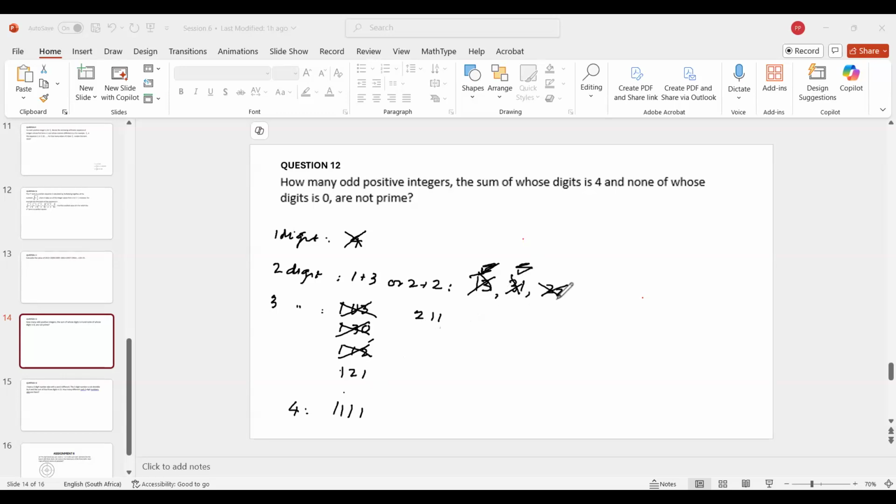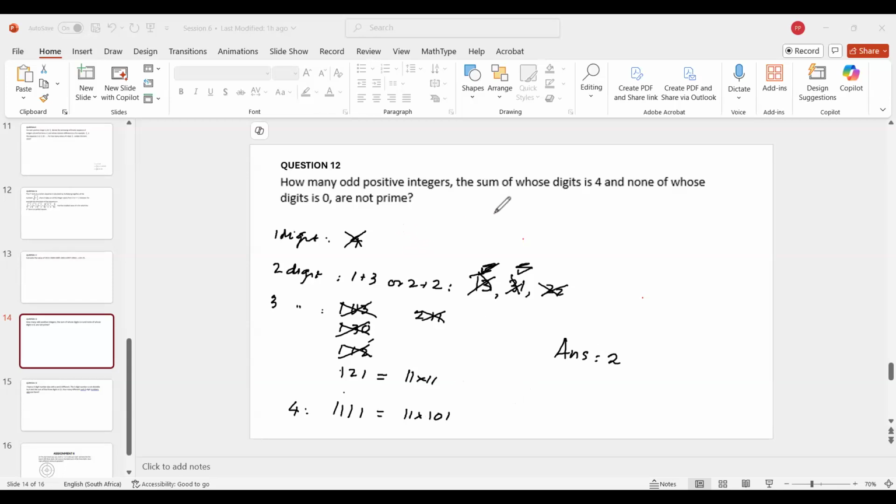Okay, so you must knock out all the primes. It turns out that this one here is a prime number. You have to check it out, and it'll take you a bit of time to show that it's not factorized by anything. But this one is not prime: 11 times 11. And 11 also goes into this. So there are only 2 numbers which satisfy this condition.